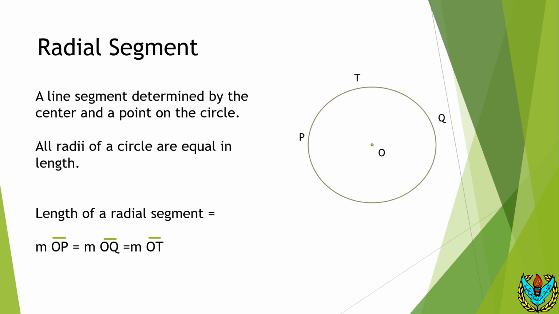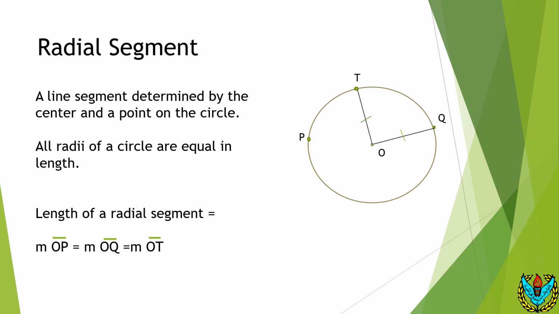A line segment determined by the center and a point on the circumference of a circle is called a radial segment. All the radii of a circle are equal in length. If we take 3 points P, T and Q on the circumference of the circle, all these 3 points will have the same distance from the center.